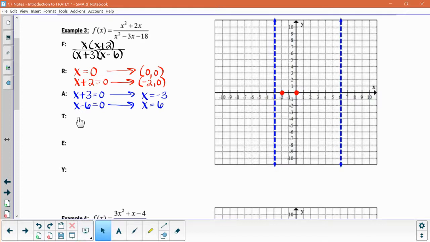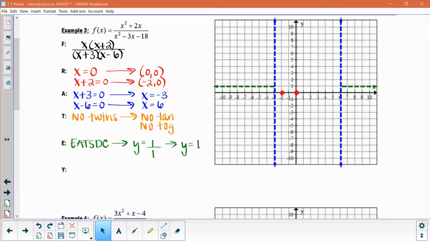I do not have any twins, so I have no tangency and no togetherness. All of my curves should be going in opposite directions at the vertical asymptotes. For end behavior, if I look at my highest exponent, I have a 2 and a 2. So I'm going to divide the coefficients, which in this case is 1 over 1. So my horizontal asymptote, my end behavior, is at y equals 1. Again, I did not draw it in the middle.